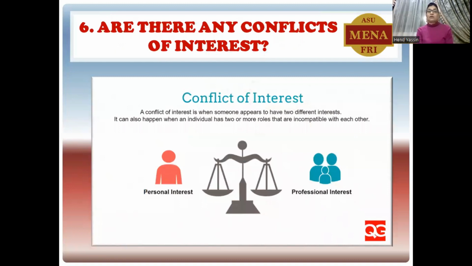Number 6, you have to ask the question, are there any conflicts of interest? Here in research, conflicts of interest refers to situations in which financial or other personal considerations may compromise, or even have the appearance of compromising, an investigator's professional judgment in conducting or reporting research.